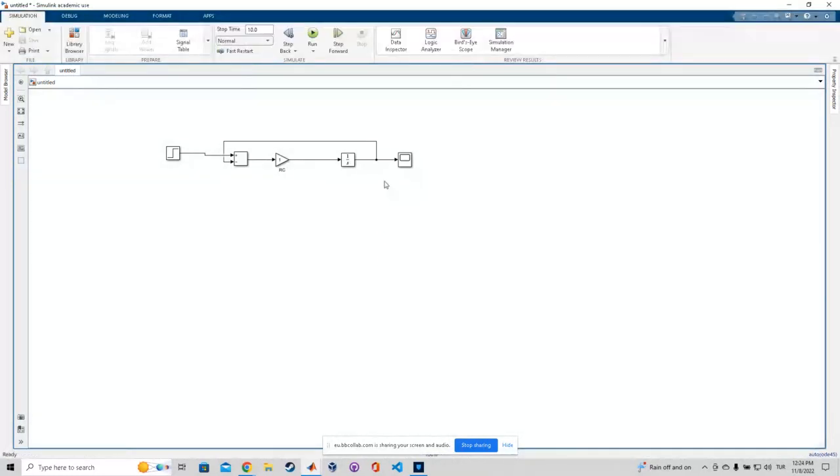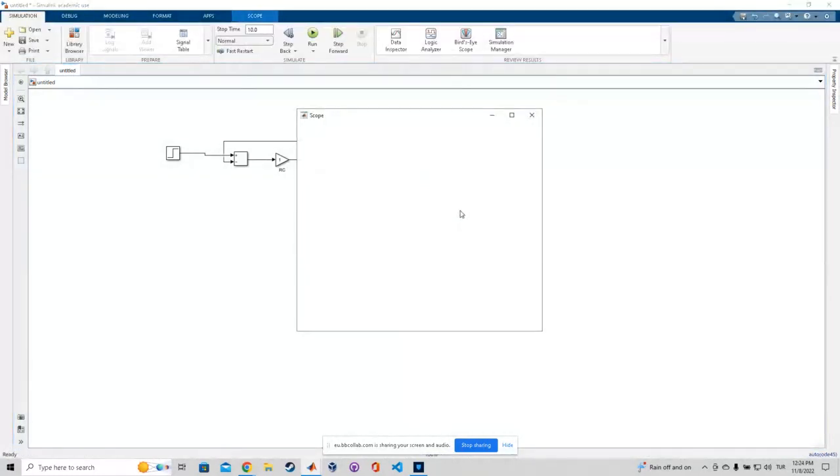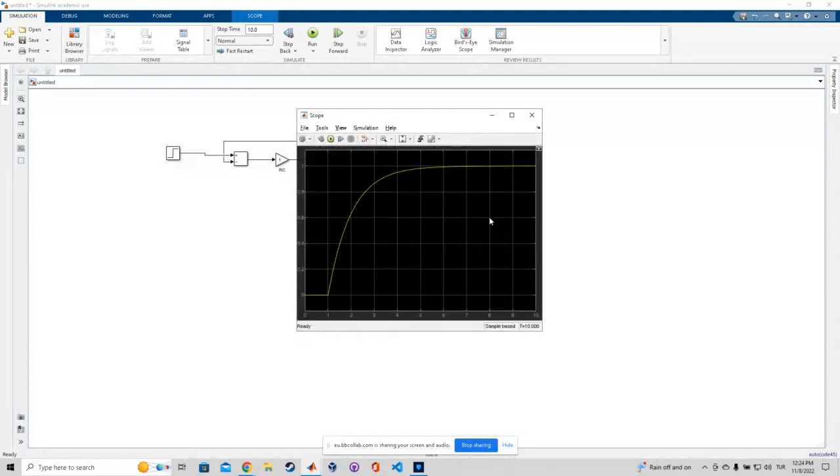Let's start it. All right, should be fine. Yeah. So your step response, as you can see, in 10 seconds, your value changed from 0 to 1, and here is your steady state, right?